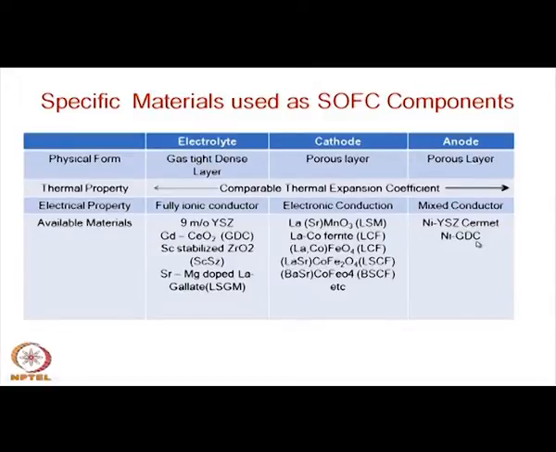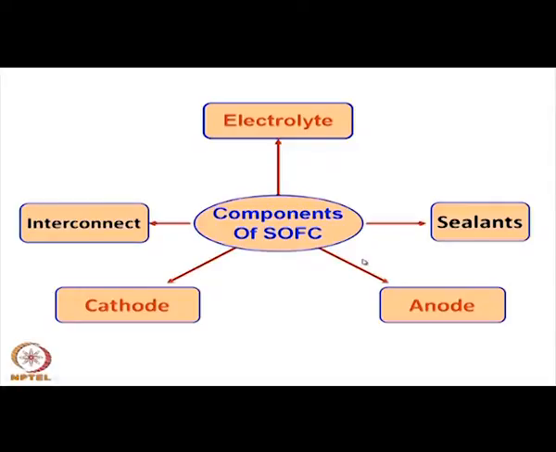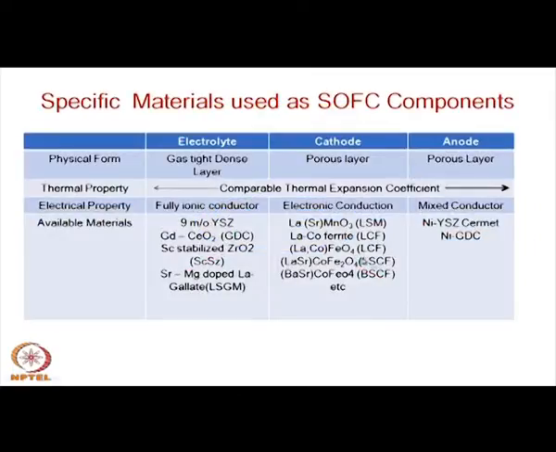Normally the principle is you make a metal-ceramic composite cermet of nickel. Nickel is the common material used, fairly stable at higher temperature and relatively less costly, and the electrolyte material. So, if you are using YSZ, one then makes a cermet of nickel and YSZ.